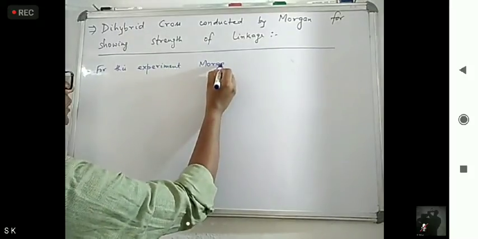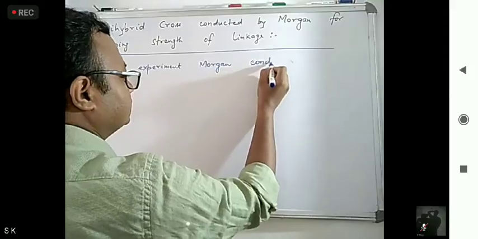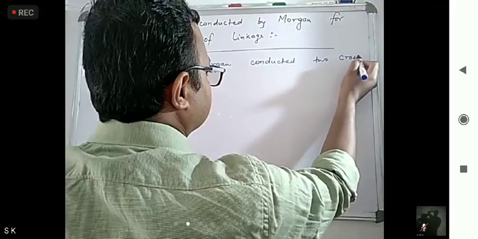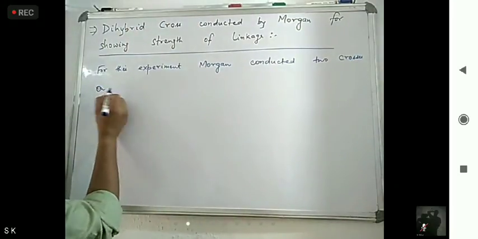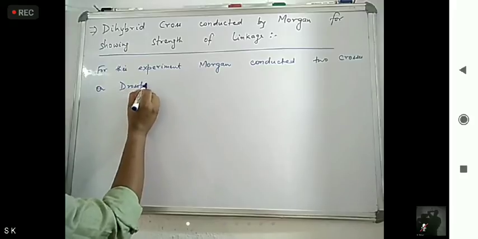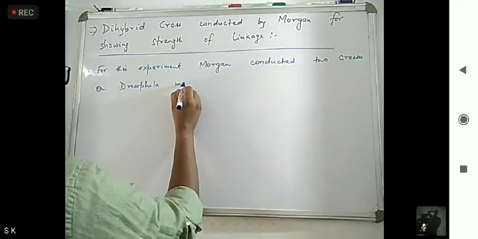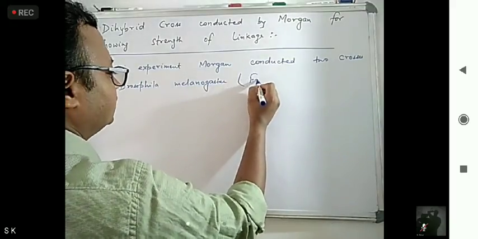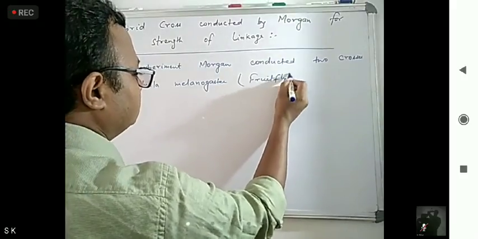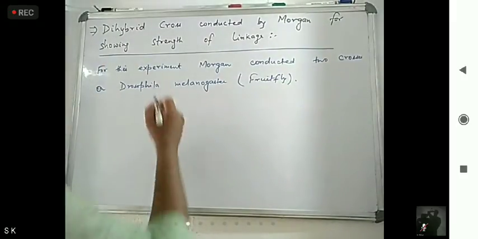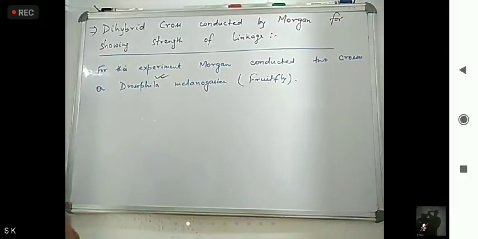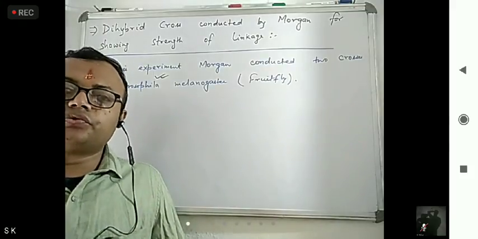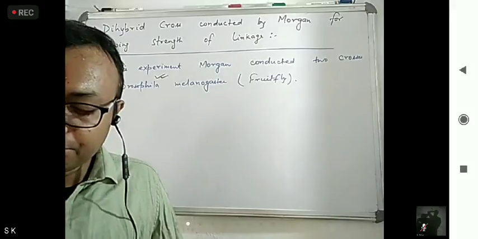Morgan conducted two crosses on Drosophila melanogaster. Their common name is fruit fly. You have to remember that for the dihybrid cross conducted by Morgan, the organism he chose is the fruit fly, or we can say Drosophila melanogaster.